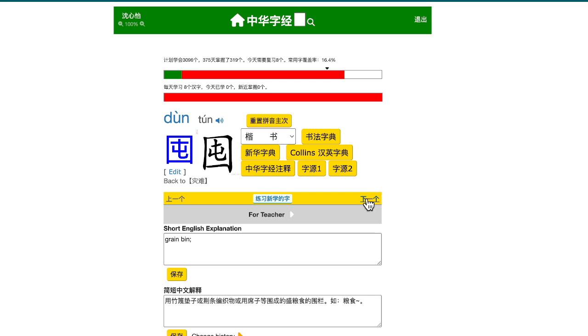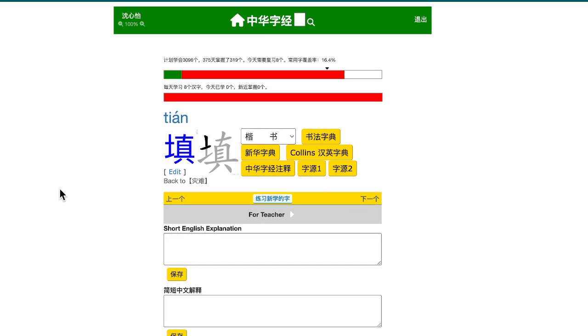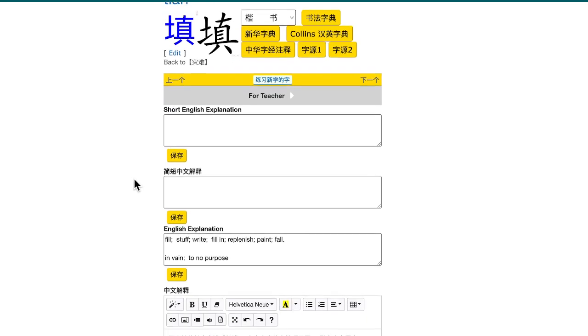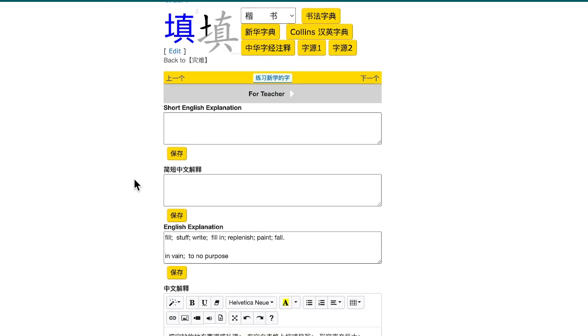Okay, next one, 填. Now 填 means fill in. Okay, fill in the blank. For example, fill in the form is called 填表. Okay, basically fill in the void, or replenish. Okay, replenish. That's another meaning.